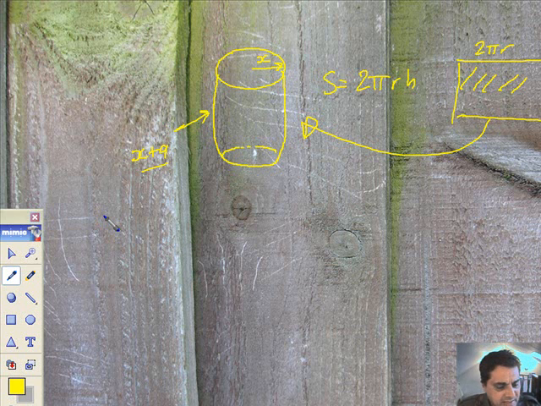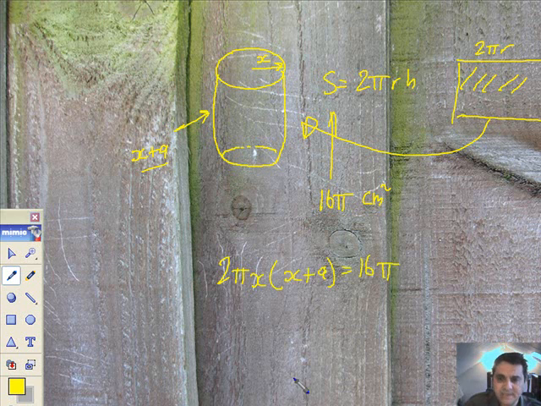If the surface area of the cylinder is 16 pi centimeters squared, so I'm told that S equals 16 pi centimeters squared, find the value of x. Alright then, so I've got 2 pi, and r is called x, multiplied by the height, which is x plus 9, and this has the value of 16 pi.